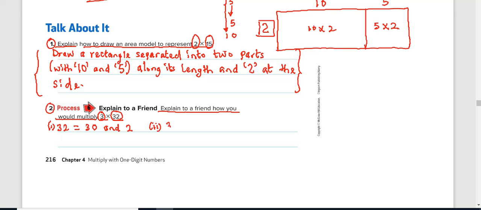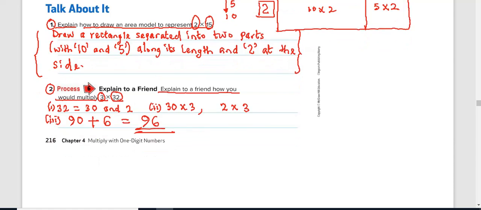So I'm going to have 30 multiply 3, and I will have 2 multiply 3. Step 3, we have our 30 times 3 to give us 90, plus 2 times 3 to give us 6. So you add them, and that gives 96. These are the steps involved.